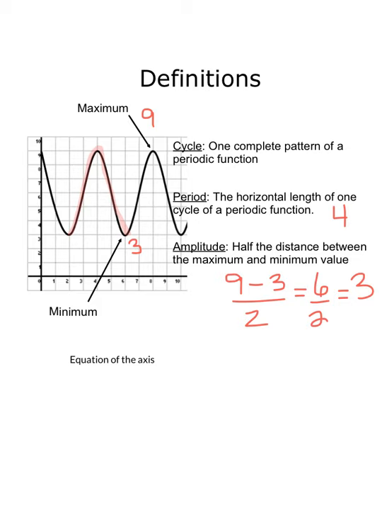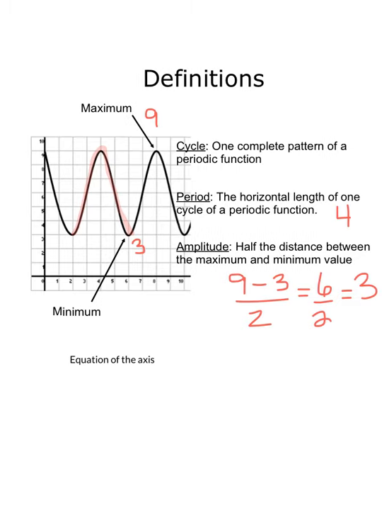To get the equation of the axis, again, remember, it is the vertical middle of the curve. You take the maximum plus the minimum, like we're finding the average, and divide that by 2.